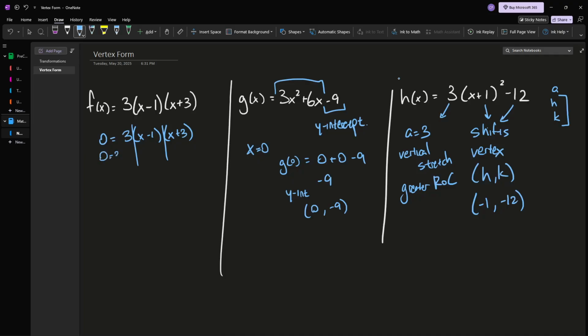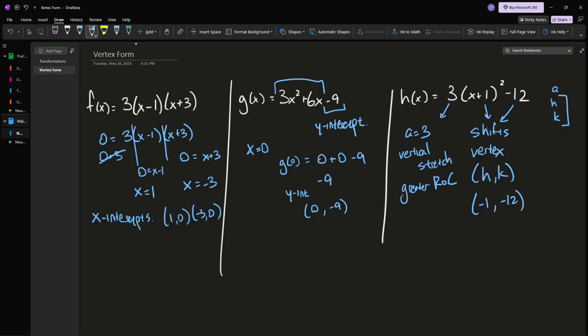So we set 0 equal to every single factored bit. 0 equals x minus 1, 0 equals x plus 3. This one does not work. We get x equals 1, x equals -3. So we're finding the x values when the function equals 0, or in other words, we want to find the x-intercepts at those values, or at (1, 0) and (-3, 0).